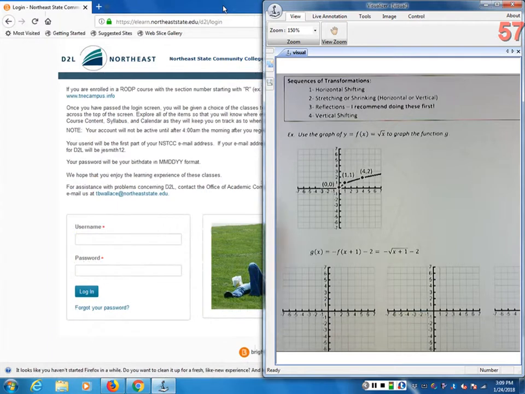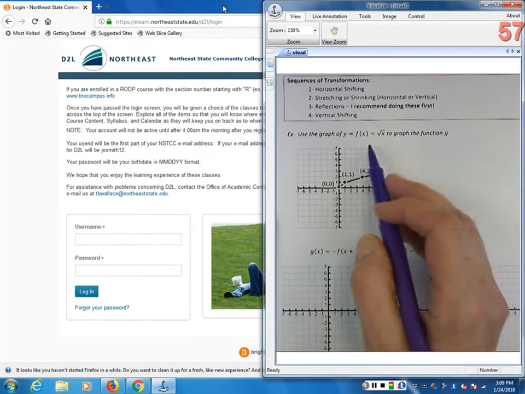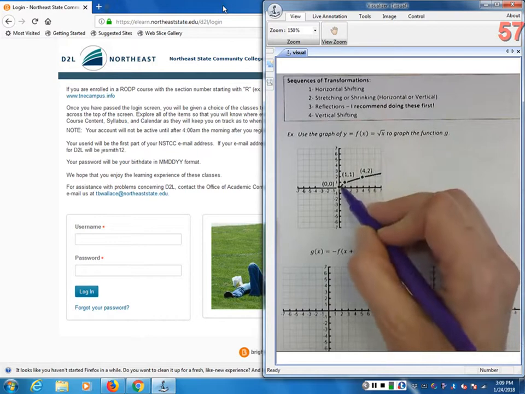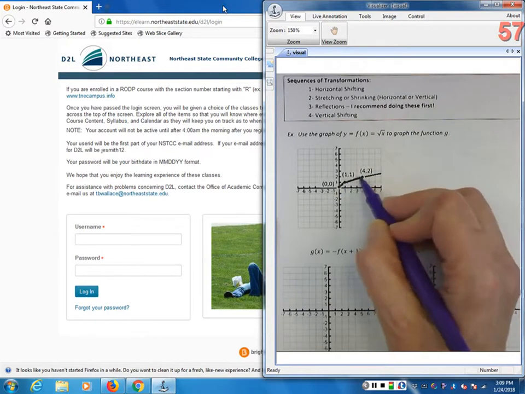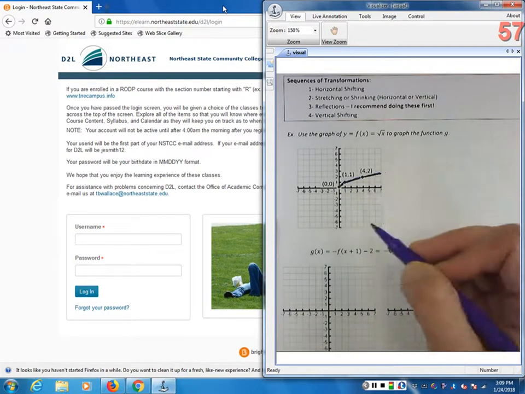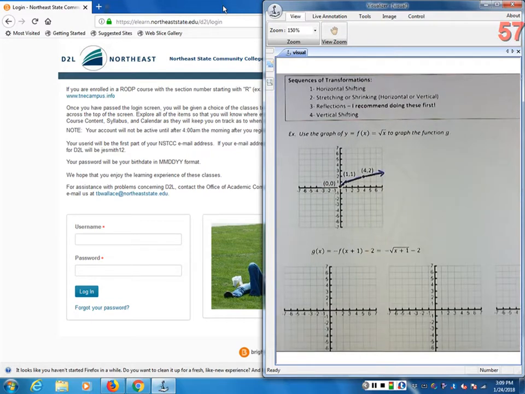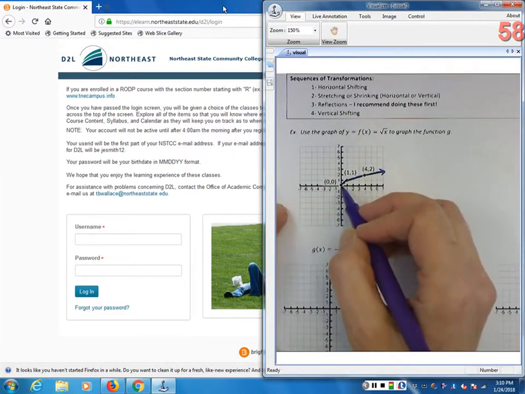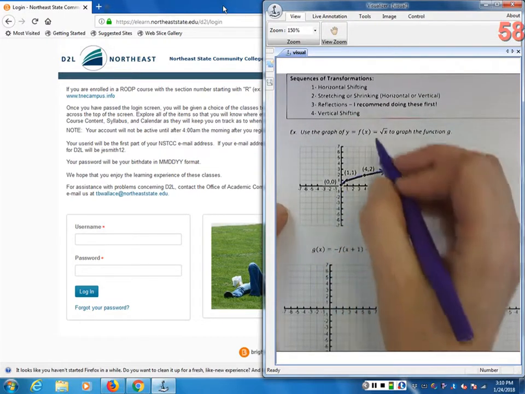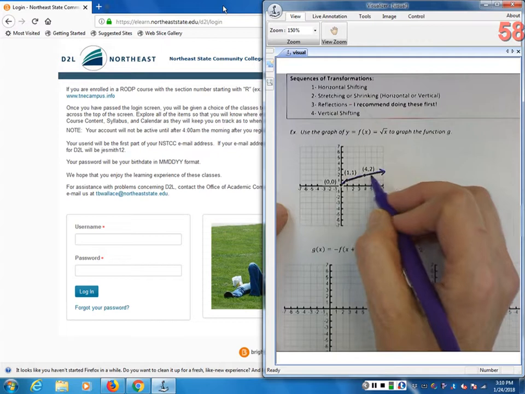And then, okay, so we've got the square root of x function right here. And I had trouble drawing it because I actually brought this graph and tried to do it in Windows Paint. Okay, so here's y equals f of x, and here's some key points.